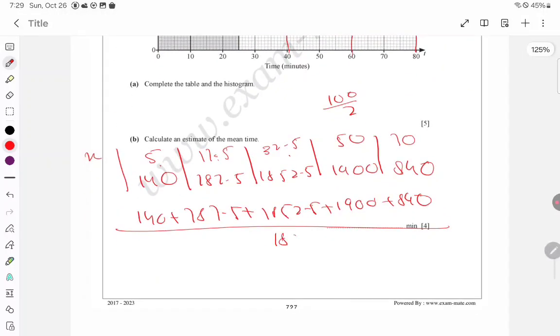Dividing by 180 will give you the answer of 30.67 minutes. So this is part B.